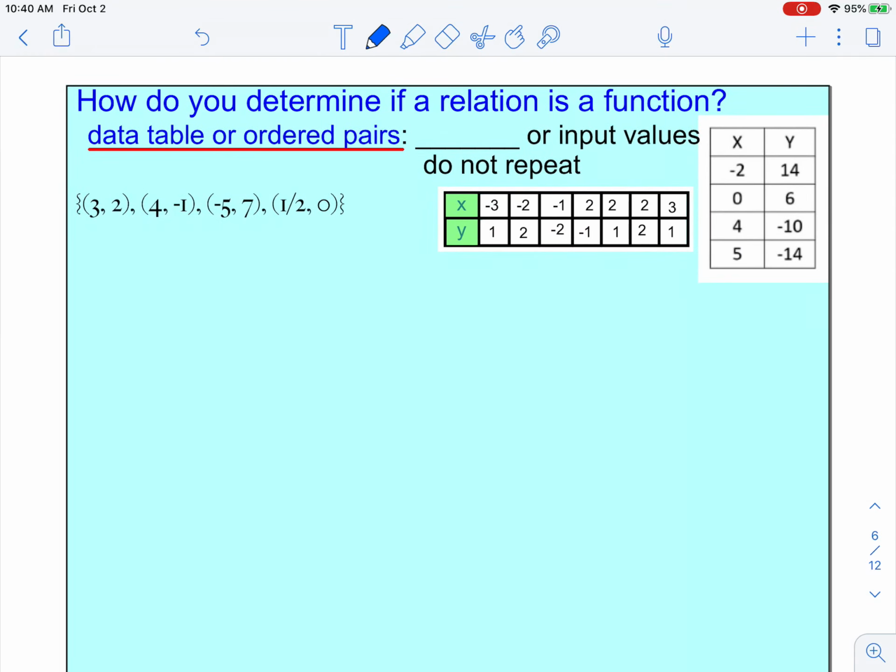So how do you determine if a relation is a function? Well, from a data table or ordered pairs, the x values or input values do not repeat. So again, we look at this one. We look at our x's. This is a function.